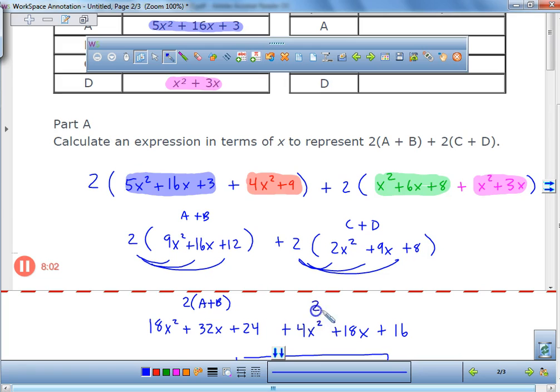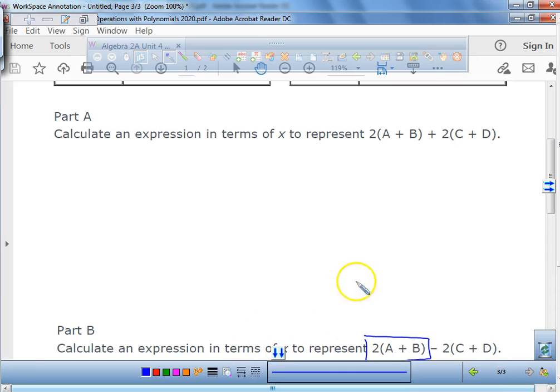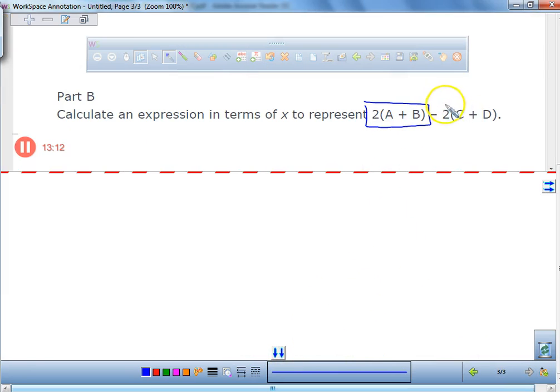And what does this represent? 2 times c plus d. So can you guys help me out? Please tell me these correct ones for our next one right here. Ready? So what is 2 times a plus b and what is 2 times c plus d? Here we go. 2 times a plus b is what? 18x squared plus 32x plus 24.